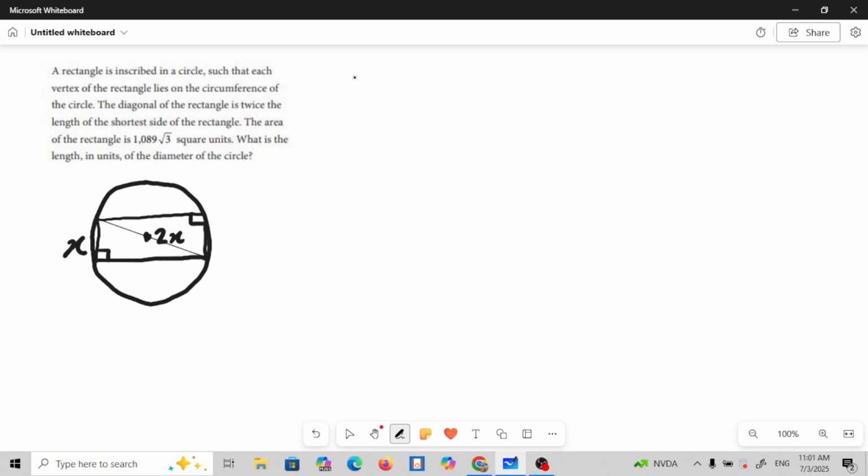We'll find it using the Pythagorean theorem. This particular side length right here is going to be the square root of 2x whole squared minus x squared. The Pythagorean theorem says that the sum of the squares of these two sides is equal to the square of the hypotenuse. So this side length is going to be the square root of hypotenuse squared minus side length squared.